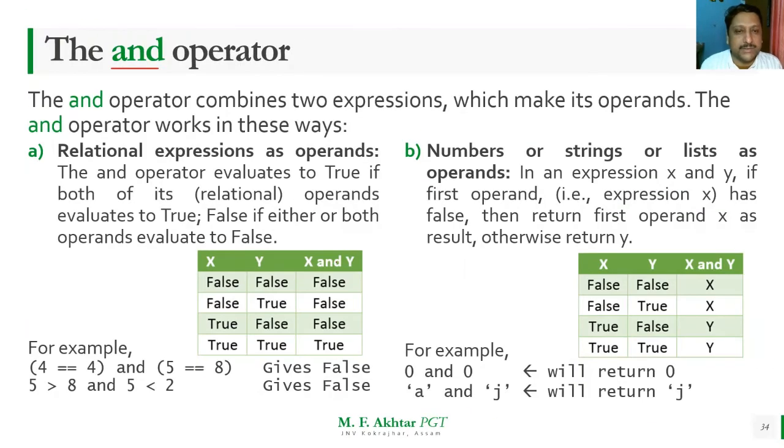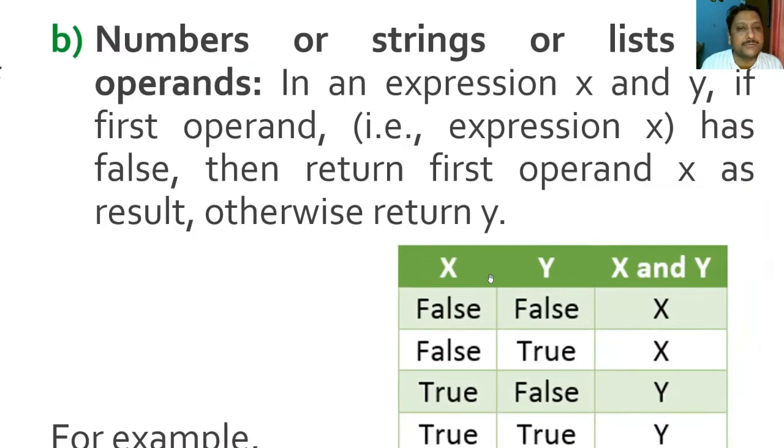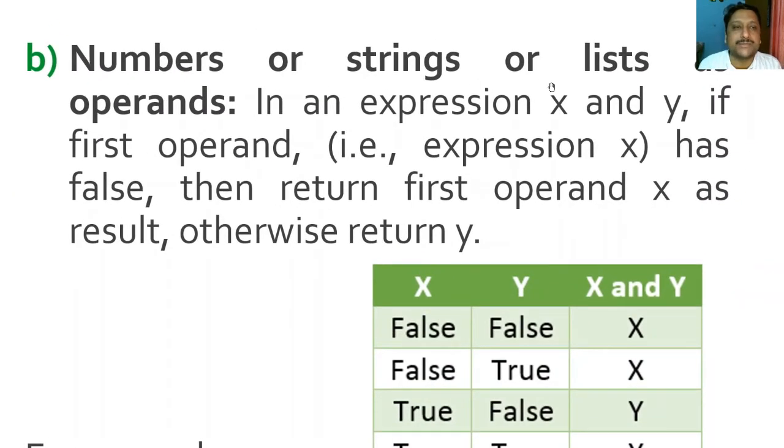See next, numbers. How will it work with numbers? Numbers or strings or lists can be used as operands in an expression x and y. If the first operand, that is expression x, has a false value, then it returns the first operand x as the result, otherwise it returns y. How can we determine that a number, a string or a list is false or true?